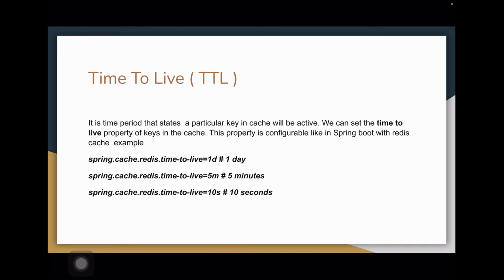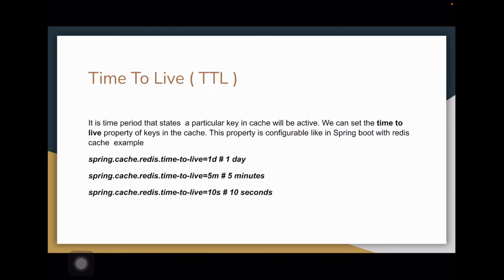Time to live is a time period that states how long a particular key in the cache will be active. Suppose we insert keys in the cache and the time to live is 1 day. Then all those keys present in the cache will be active for 1 day and will expire the next day.